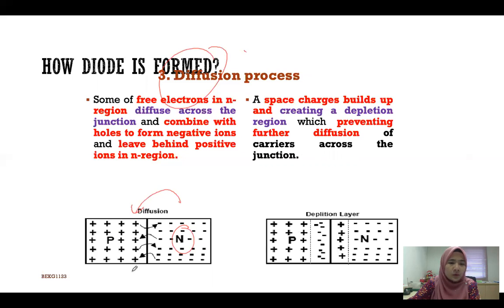And also vice versa. So a space charge builds up, creating a depletion region, which prevents further diffusion of carriers across the junction.